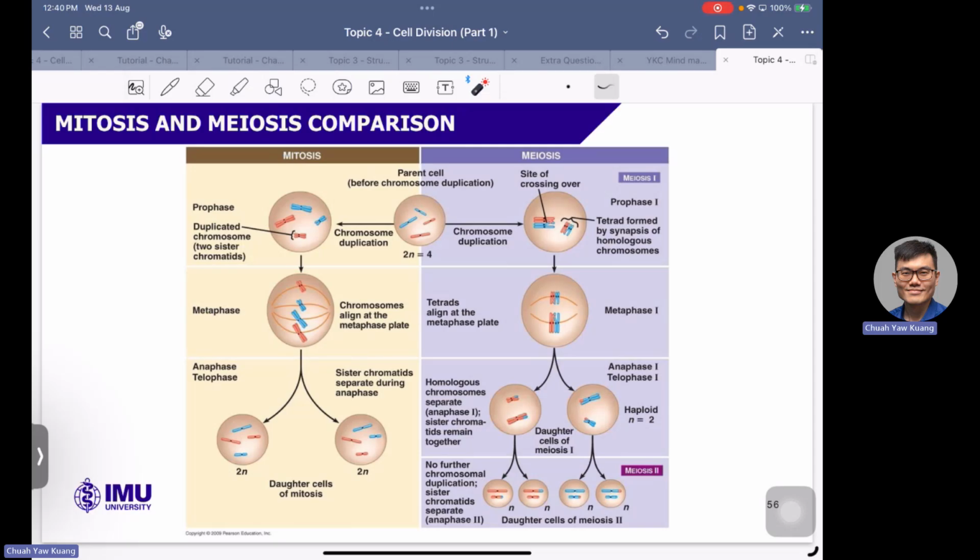The third point is whether it's genetically identical or not. In mitosis, the daughter cells are exactly genetically identical to their parent. In meiosis, their genetic content will be different from their parent. That is basically the comparison.